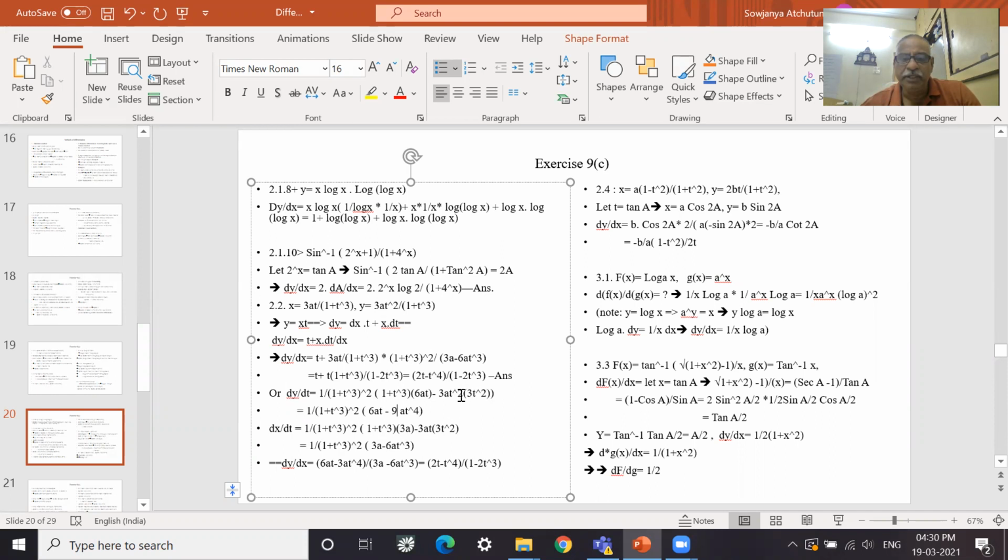The 3's make 9at to the power of 4. Similarly, dx by dt: 1 by 1 plus t cubed whole square into 1 plus t cubed into 3a minus 3at into 3t square. Here also 9. So when we divide dy by dx, I'm getting this answer. Both ways we can do it, but it is easier to have dy by dt and dx by dt.